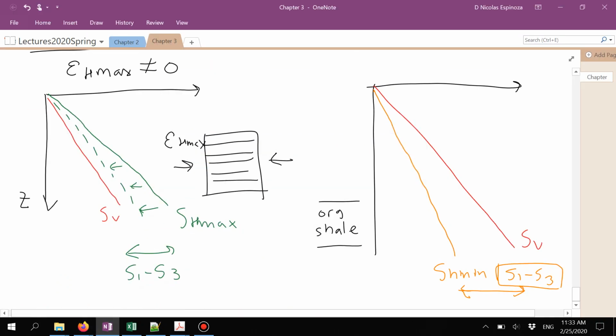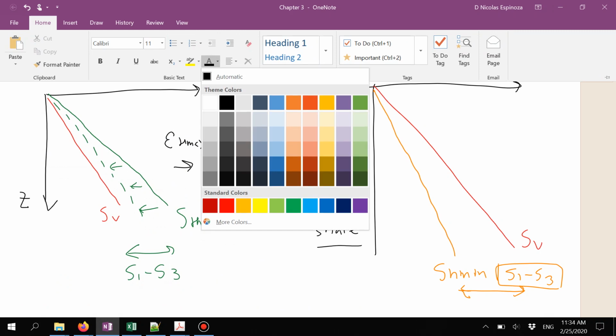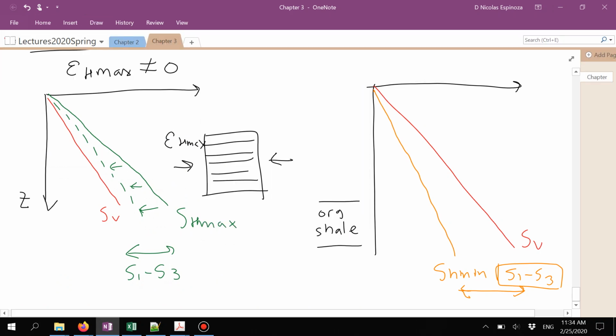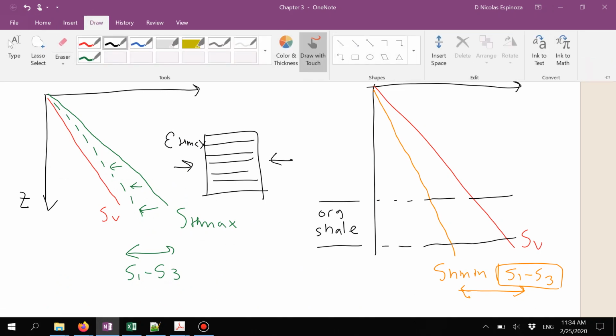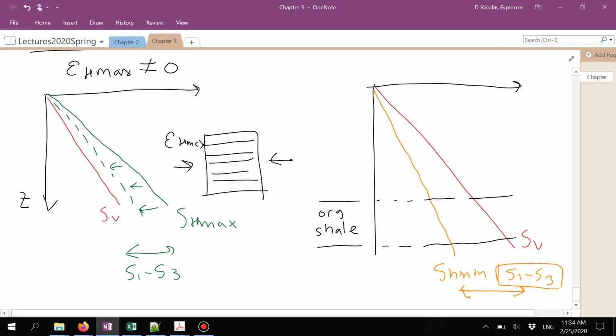And if that's the case, then in this section the stress is going to change with time.